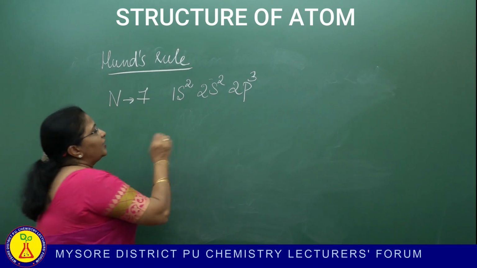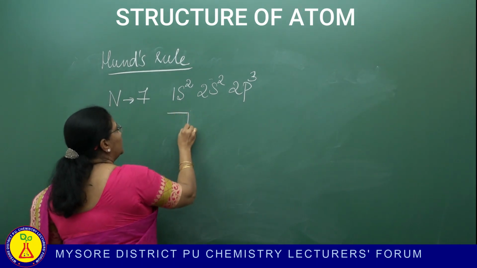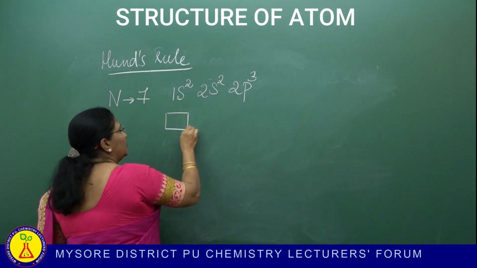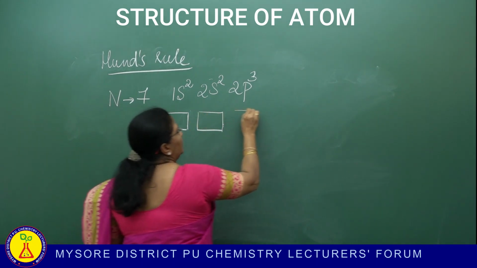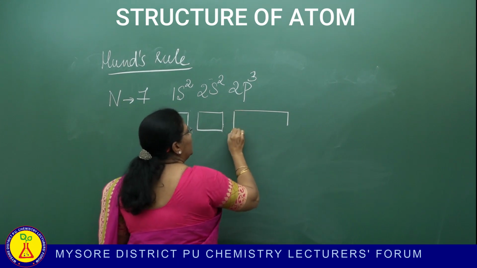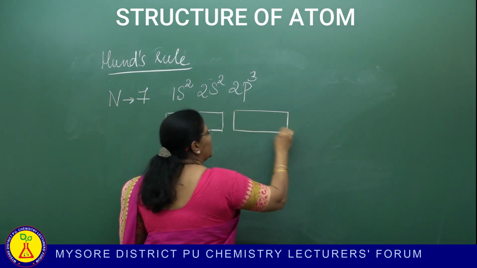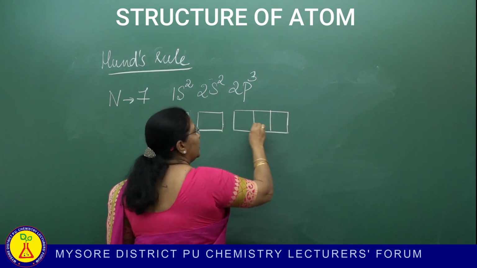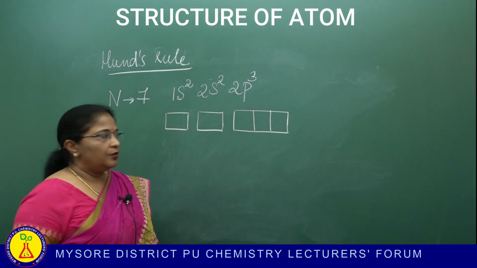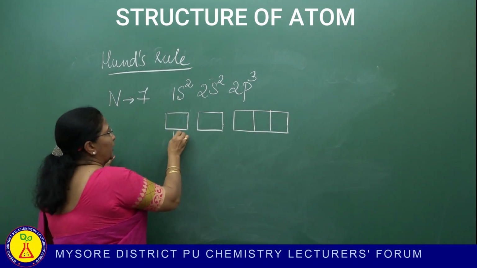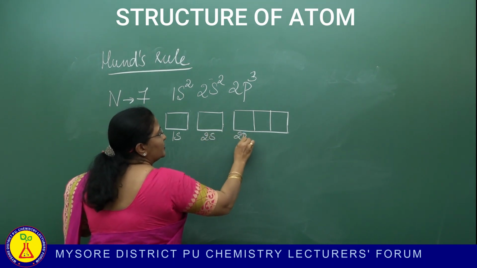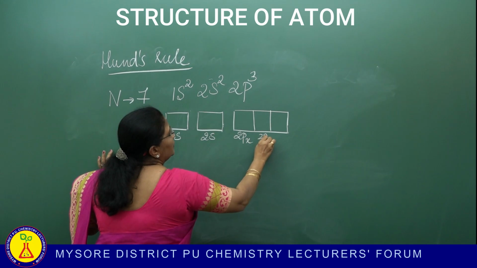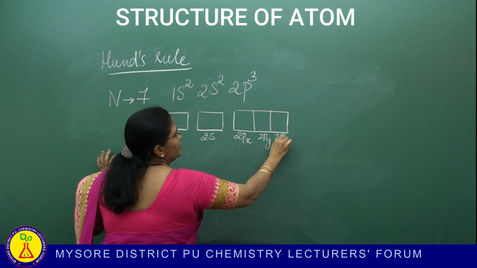But when I draw the box diagram, I put the boxes here like this, and we know that in the p subshell you have 3 orbitals. So this is 1s, then you have 2s, then 2px, 2py, and 2pz.